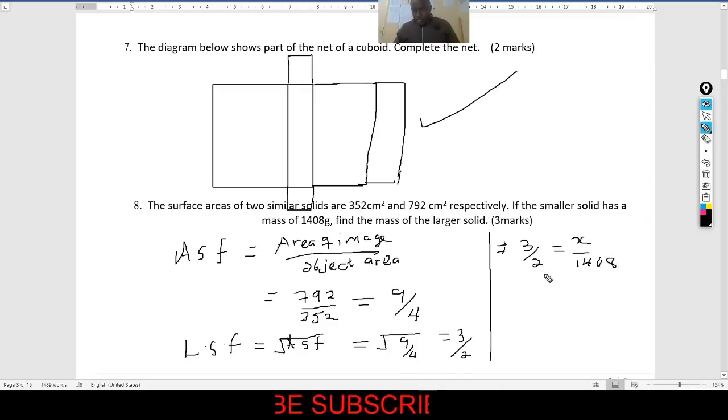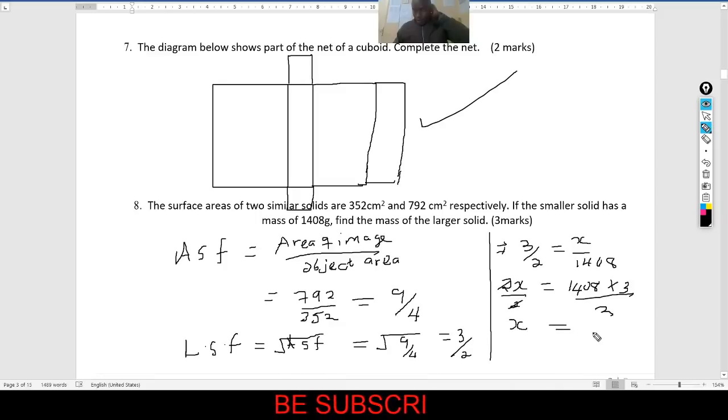To get x, you cross multiply. 2x equals 1408 times 3. If I divide by 2, I'll get x. So x now becomes 1408 times 3 divided by 2.